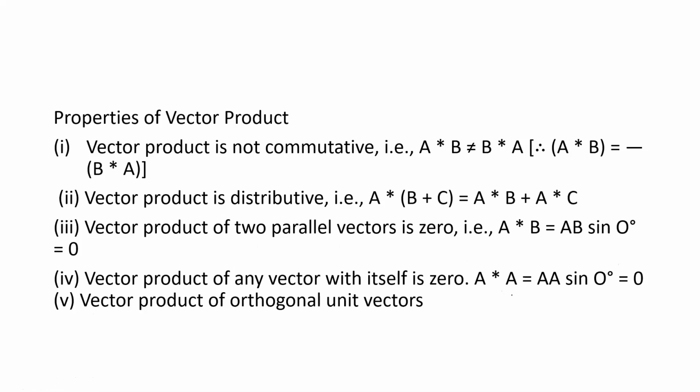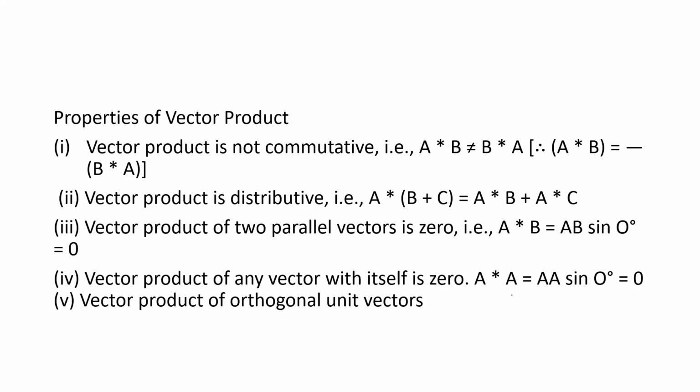That is, A cross B is not equal to B cross A. A cross B is equal to minus B cross A. That is why the vector product is not commutative. Next, the vector product is distributive. We write it as A cross (B plus C) is equal to A cross B plus A cross C.